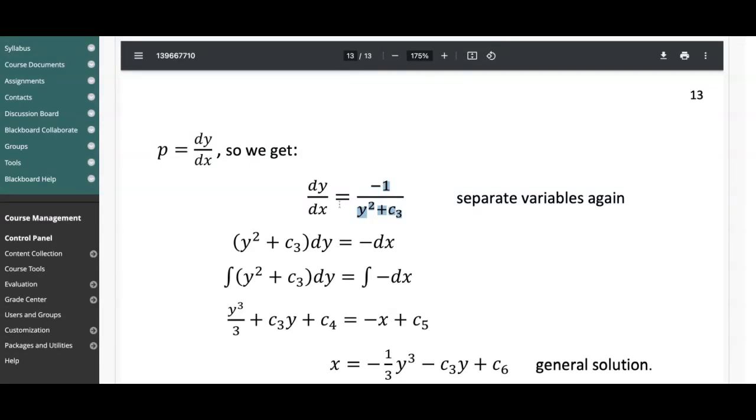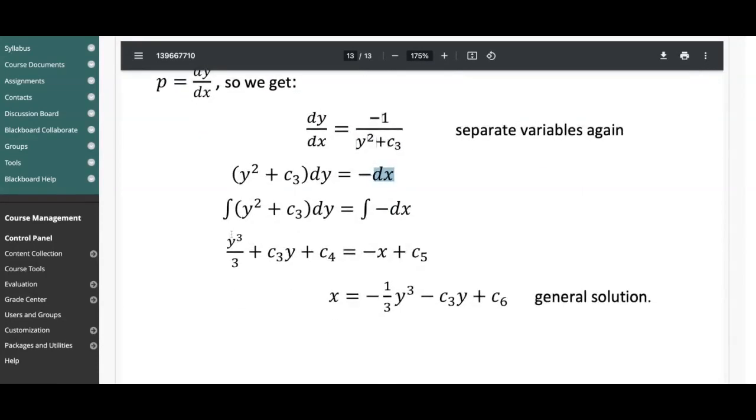Again, we see this is separable, right? So we have dy times this, or this times dy, equals negative 1 times dx. We integrate both sides. Well, y cubed divided by 3 plus some constant multiplied by y plus some constant.